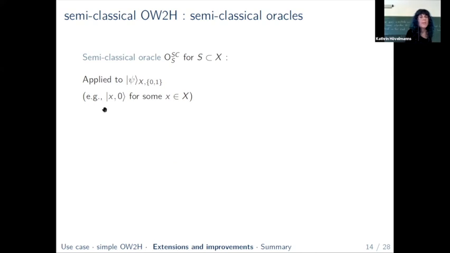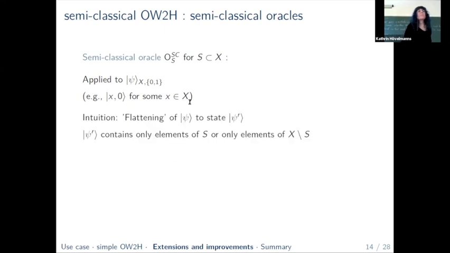So for example, think of a base state X0 for some X in the set X. And the intuition is that the oracle flattens the state to a new state psi prime, such that it only contains elements of S, or such that it only contains elements that are not in S.